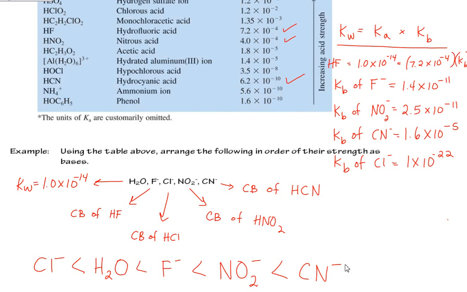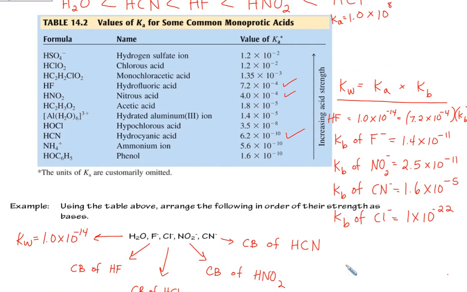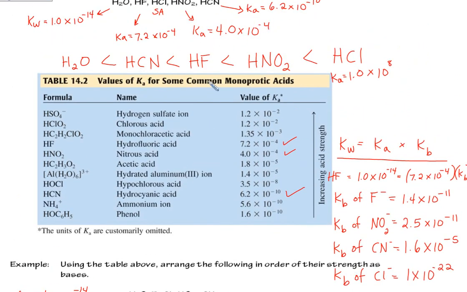Now part of this kind of reflects these guys. Like, look at these weak acids in the middle. We had this hydrogen cyanide listed as the weakest of the weak acids. So it doesn't go forward by much.